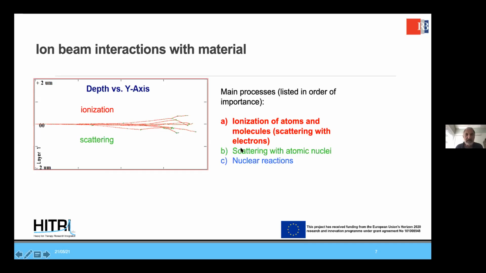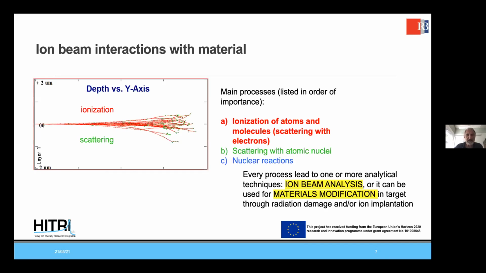The green areas are actually scattering with atomic nuclei. And these are the two most important and most frequent processes. There are also nuclear reactions, but they are much, much less frequent than the other two. When you run many of such ions, you can see that they produce a lot of different ionizations.